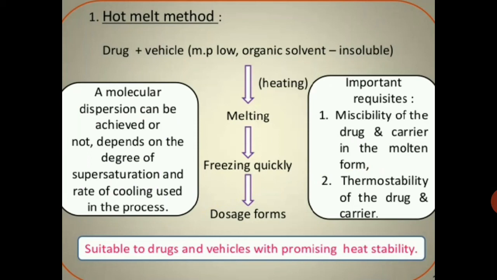The mixture is passed through sieve number 80 and is stored in a desiccator over fused calcium chloride.